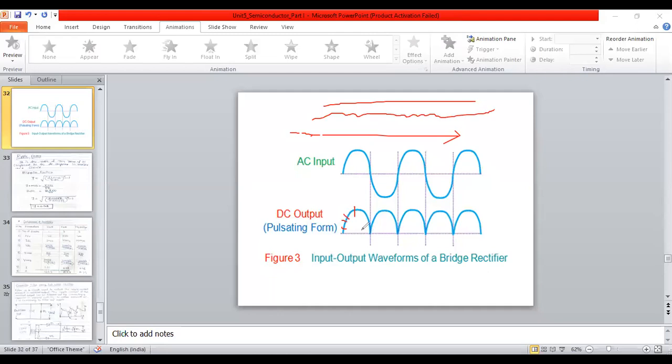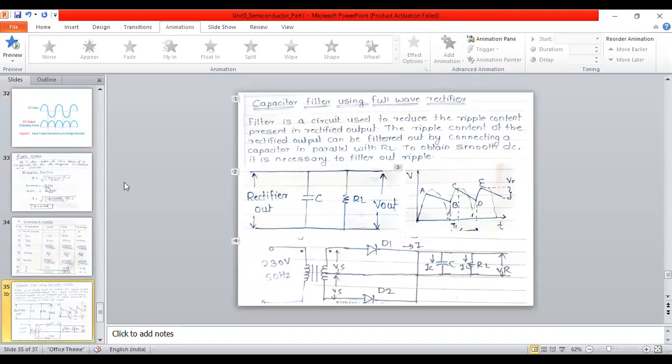To avoid this, we have to use filters. Just as we use filters to get pure water when there are dust particles in it, like that, to get pure DC, we are going to use filters. That filter is nothing but the capacitor filter.